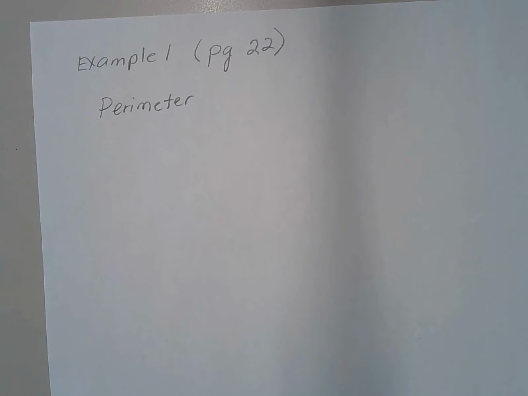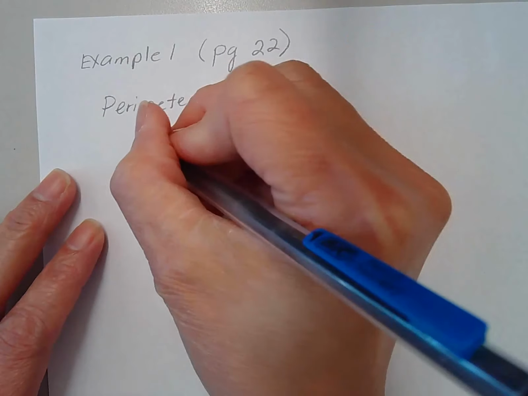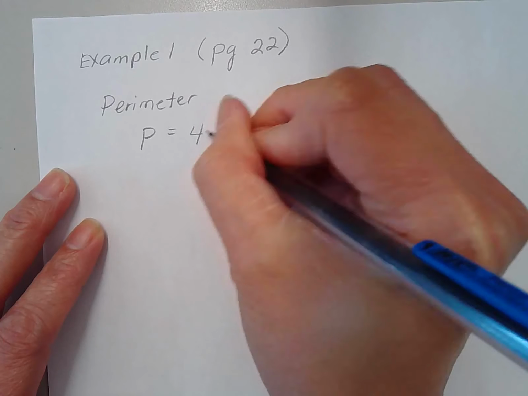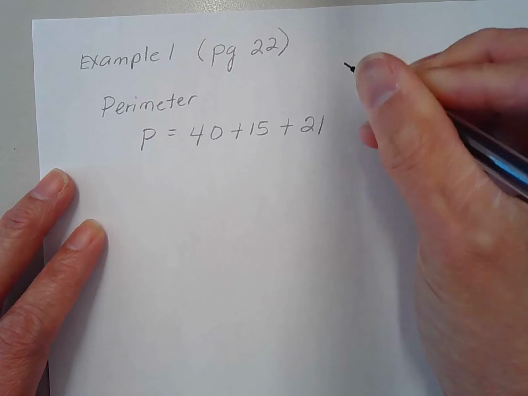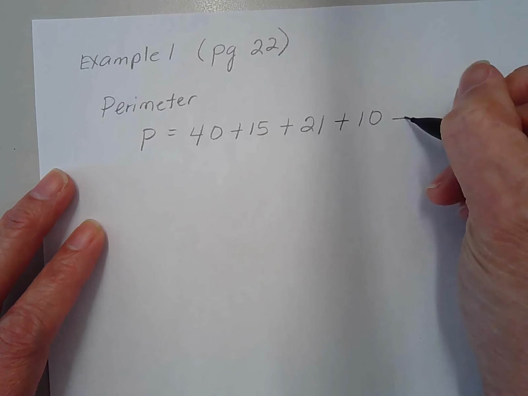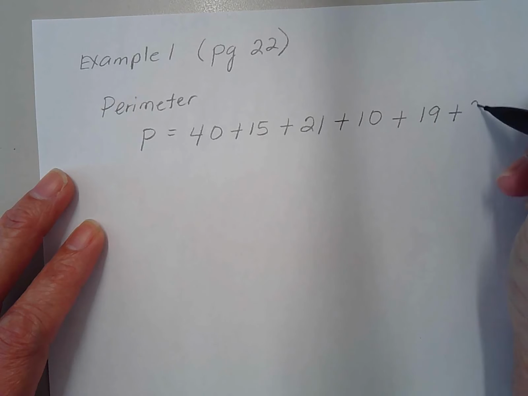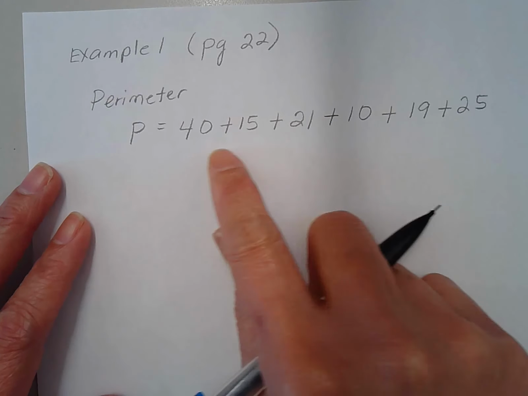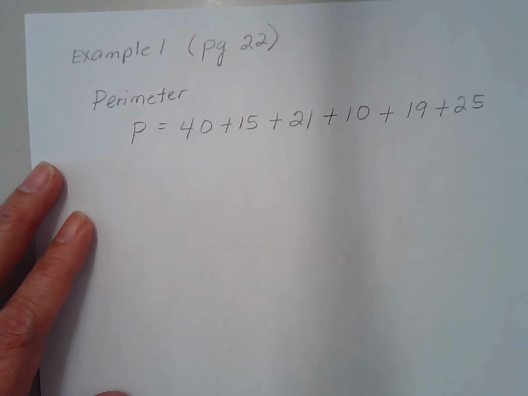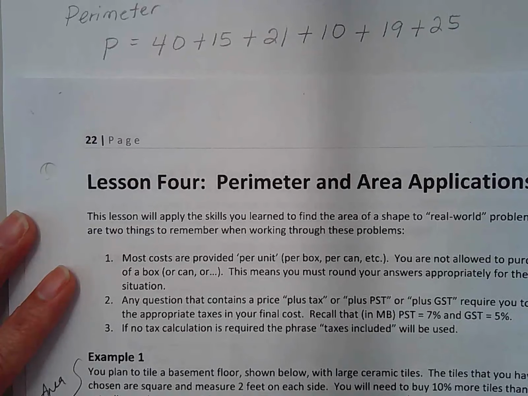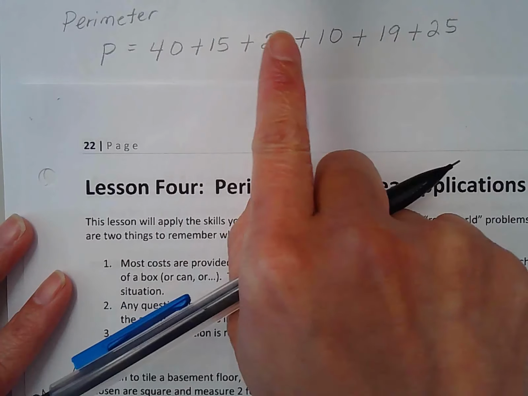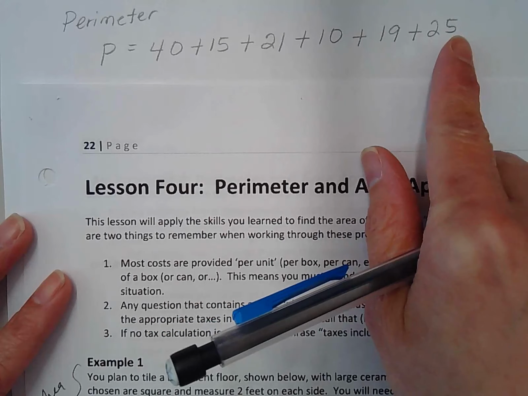Now, because we want to figure out the amount of baseboard that we need to put around this room, the perimeter would be 40 plus 15 plus 21 plus 10 plus 19 plus 25. So these are the sides around that shape, right? So how many sides do I have in here? I have 1, 2, 3, 4, 5, 6 sides.